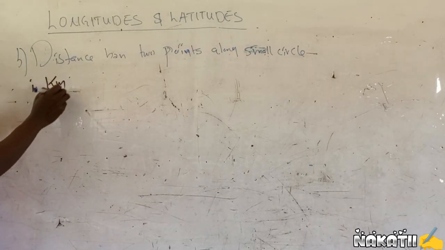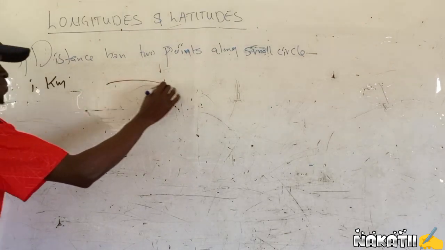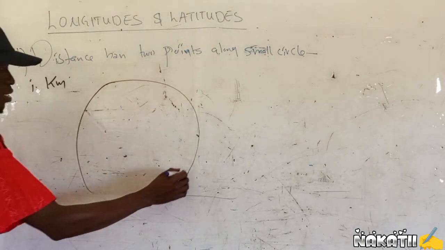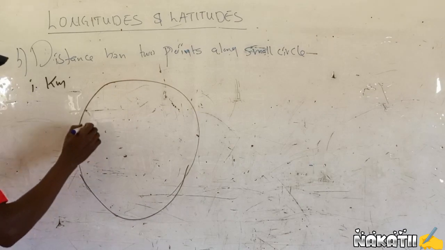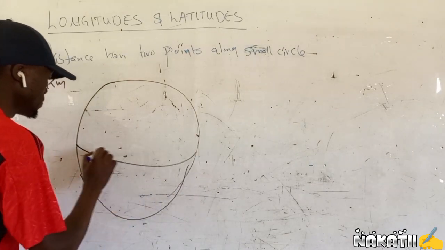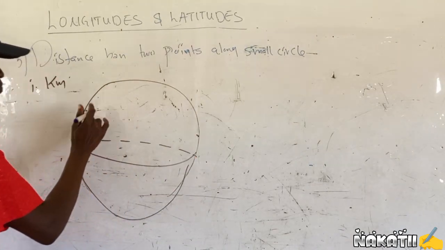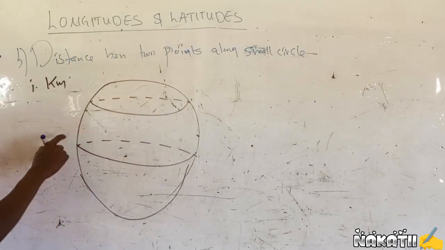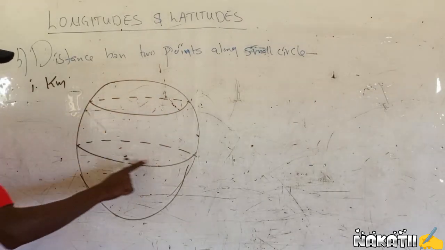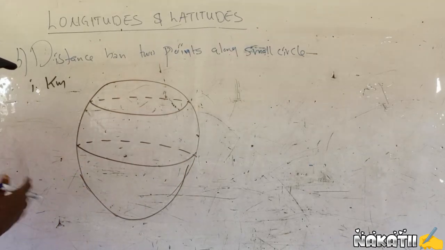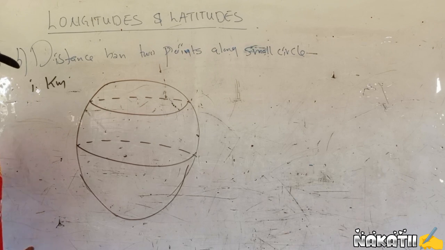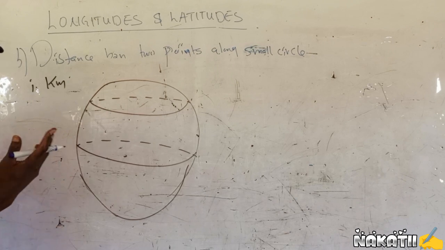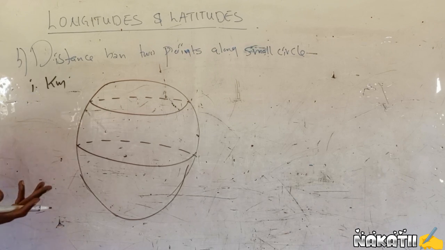The one in kilometers, consider this diagram here. So if you have our equator, this is our equator here, and we have this one here, like this. So this is our small circle, and this is a great circle. What you're supposed to know is that the radius of a great circle is equal to the radius of a sphere. And that's why in our first formula, it was very easy.